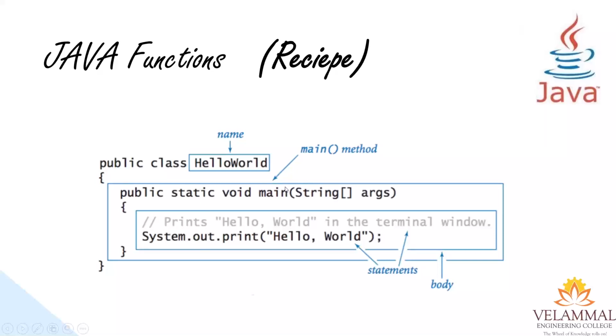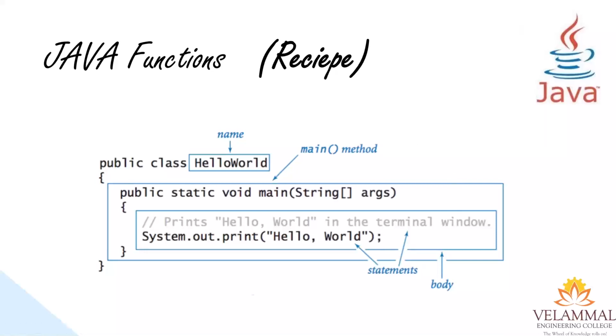The same goes for our main function. Every function has a parameter, so the parameter for our print function is Hello World. This is how every Java program will look. This is the general template of a Java program.